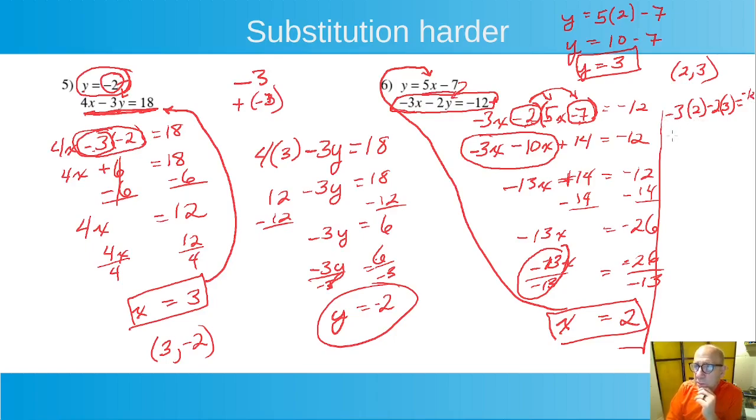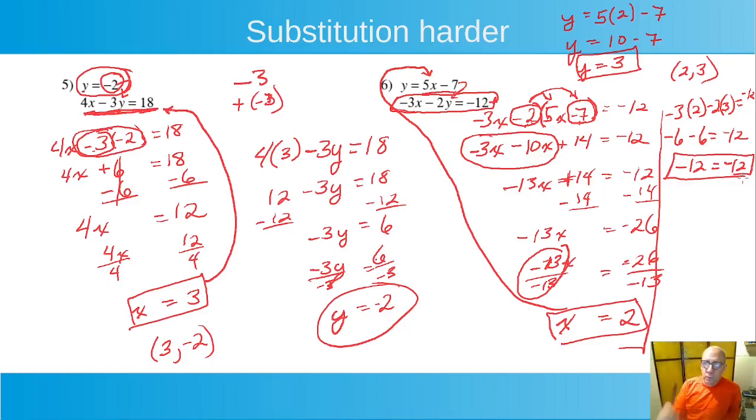Negative 3 times 2 is negative 6, and minus 2 times 3 would be minus 6 equals negative 12. Negative 6 minus 6 is negative 12. And so because that's the right number, I have the right answer.